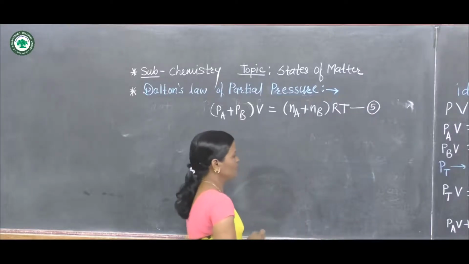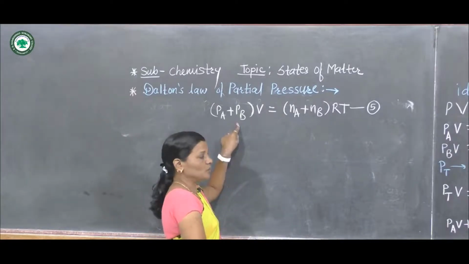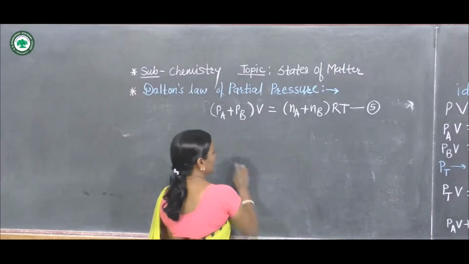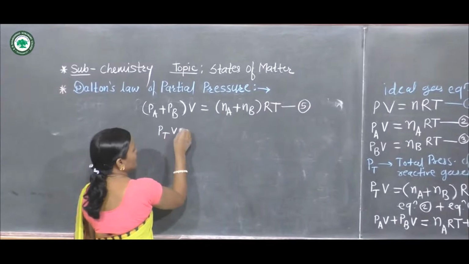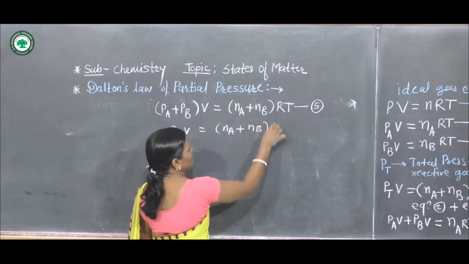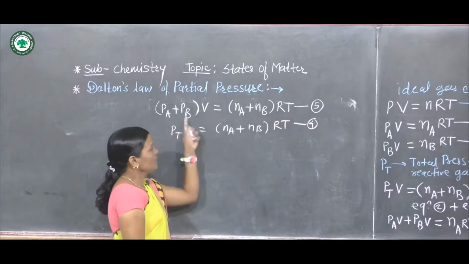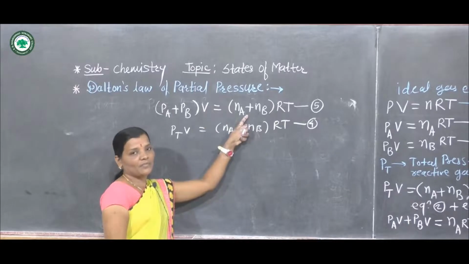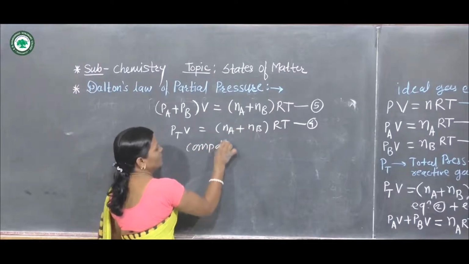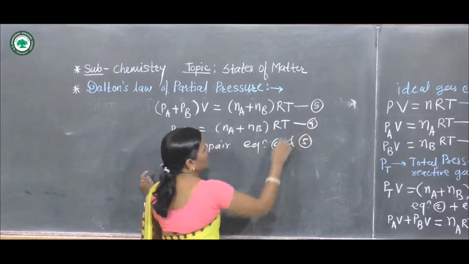Now, if we compare equation number 5 with equation number 4, what is equation 4? PT into V is equal to Na plus Nb into RT. This is equation number 4, and here we wrote equation number 5.